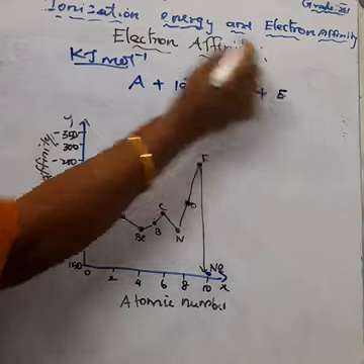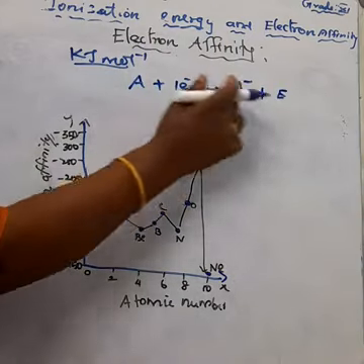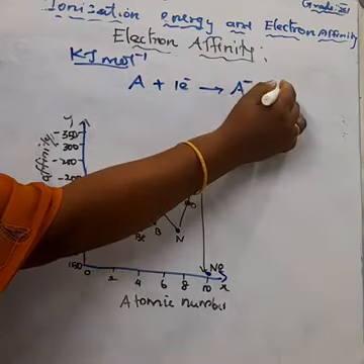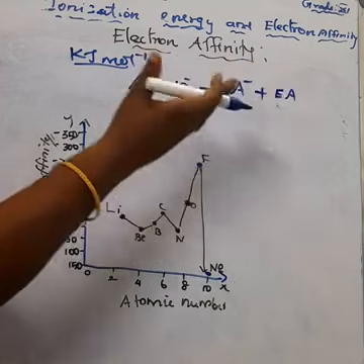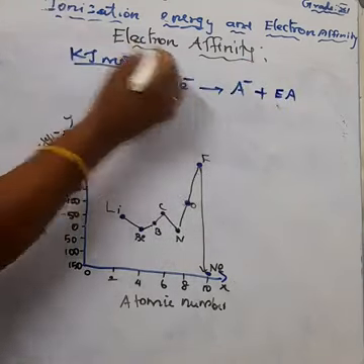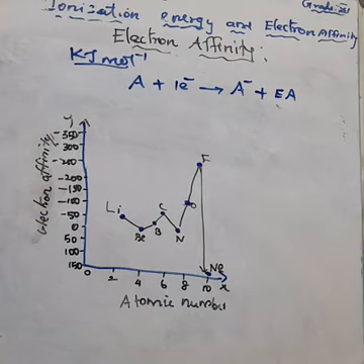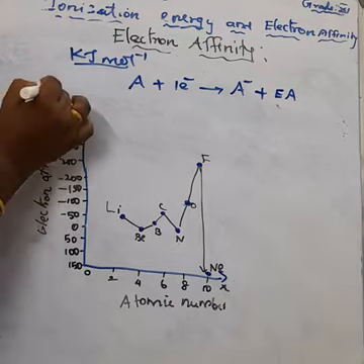So electron affinity means the amount of energy released when an electron is added to the valence shell. Understood? So the greater the nuclear attractive force, the greater the electron affinity.